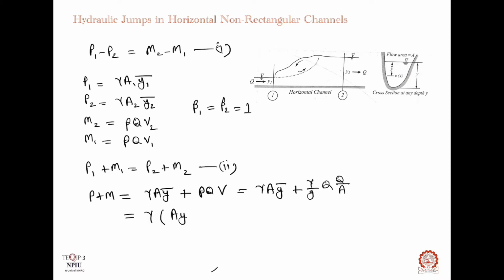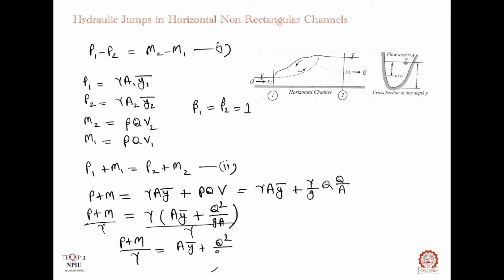Then inside the bracket A Y prime plus Q square divided by g A. Now divide both sides by gamma because gamma is a constant term. P plus M divided by gamma is equal to A Y prime plus Q square divided by g A.